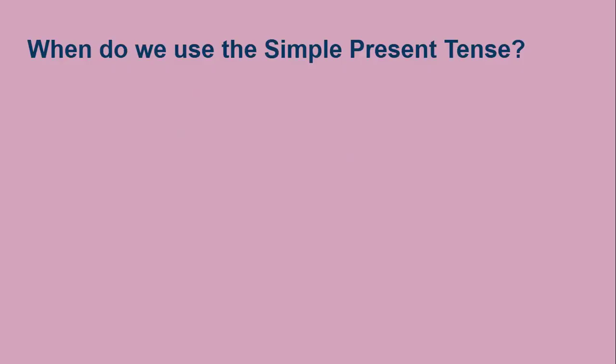In the first section, we need to look at when we use the simple present tense. So in which situation do we use the simple present tense? That's the question we need to answer.